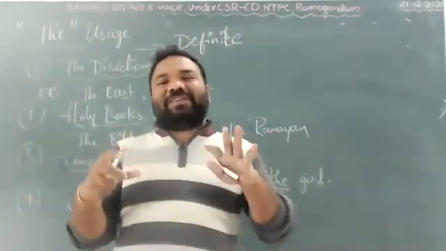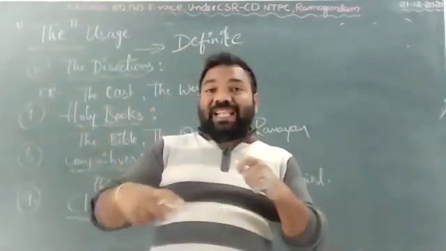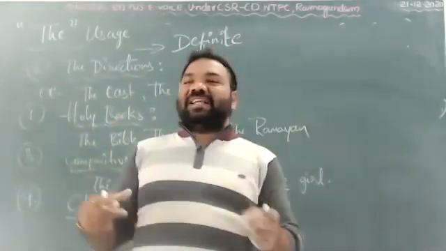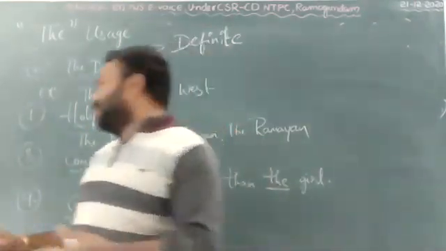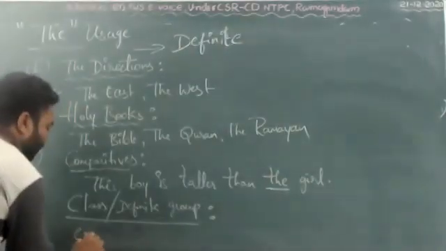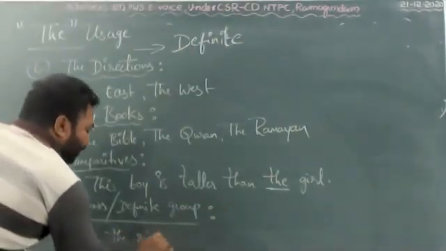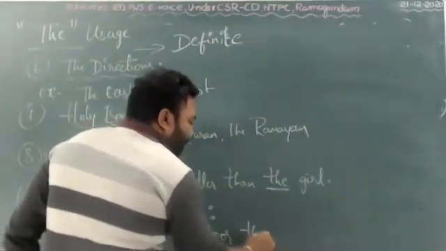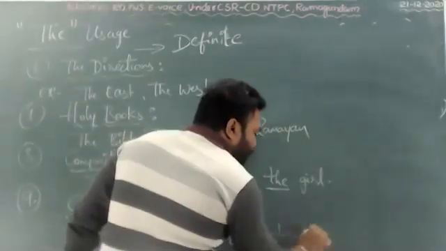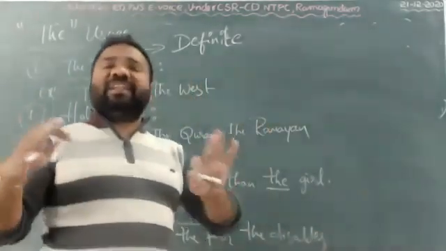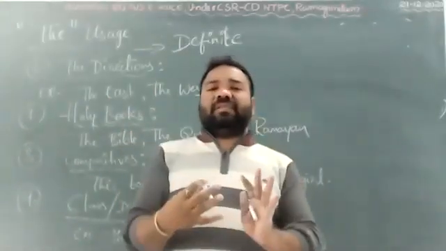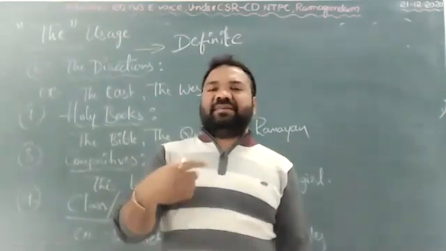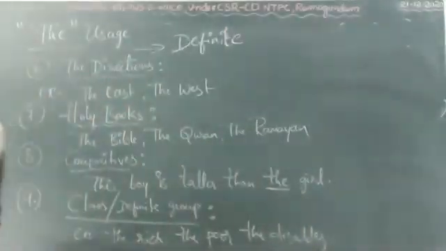So these are not particularly grouped students, but when we intensify speaking about those, without our knowledge, we got to use the. So in that scenario also, the rich, the poor, the disabled. Like, when we intensify a group of people, in those cases also we got to use the. All right. So please note down that.